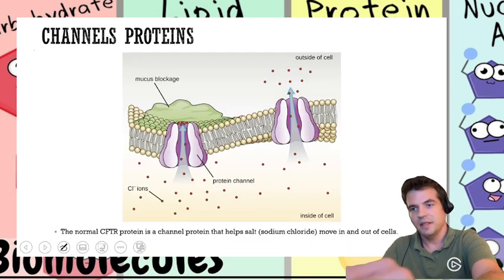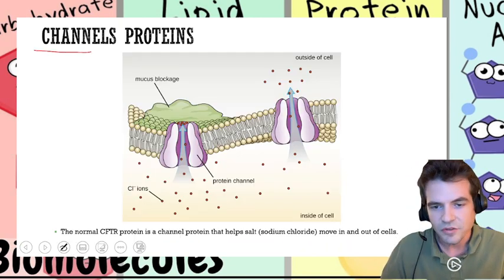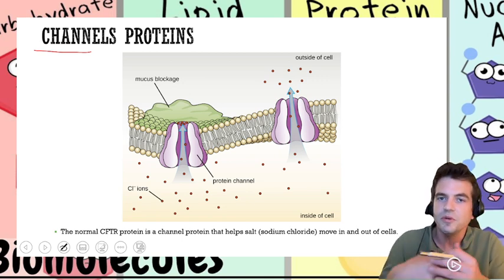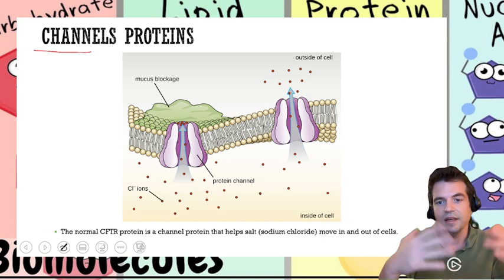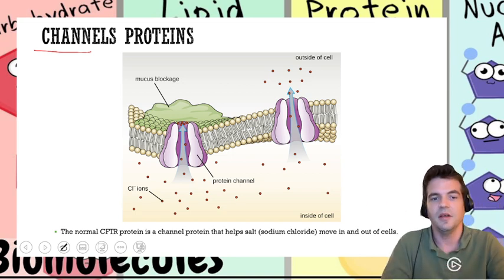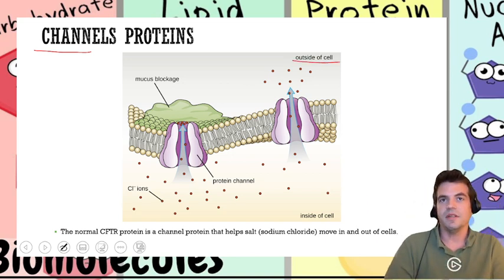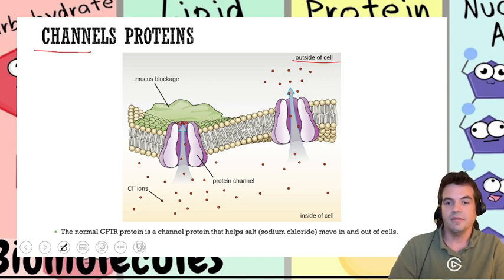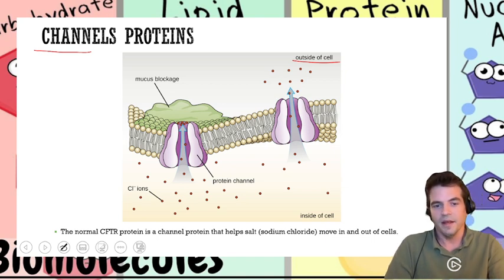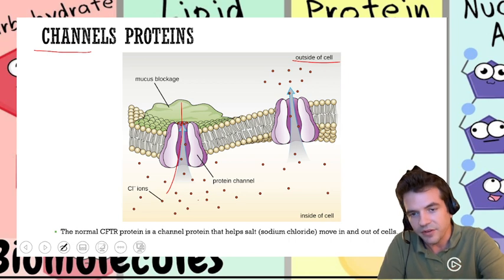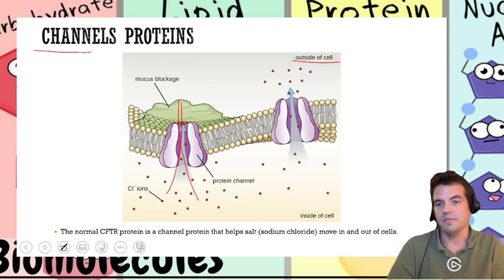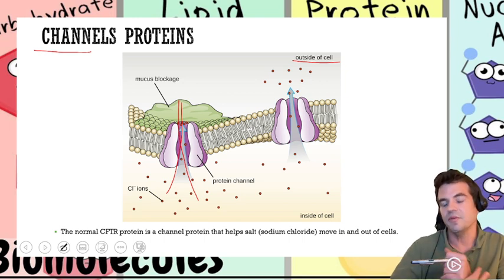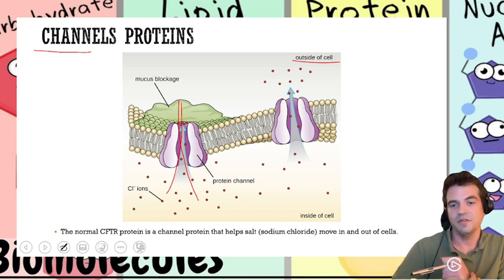As an example, there are things called channel proteins, and these channel proteins let things in and out of a cell. And what's a cell? Well, we'll get to that in just the next lecture. What goes in and out of here is very selective. Not everything can get through, and that's what a protein's job is for.